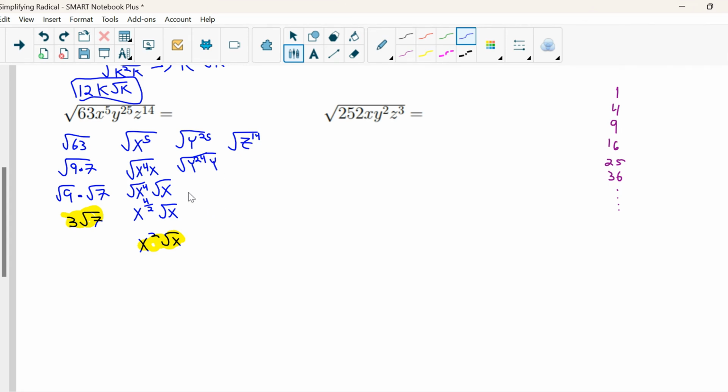So I've got y to the 24th times the square root of y. 24 is divisible by 2, so I'm going to make that an exponent. 24 divided by 2 gives me 12. I made this x all of a sudden, I meant to make that y. So I've got y to the 12th power times the square root of y.